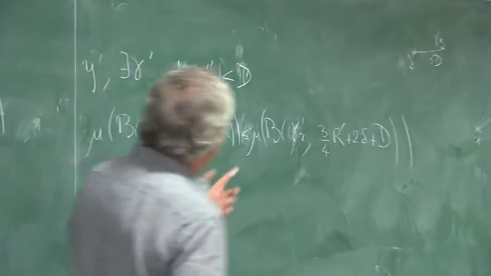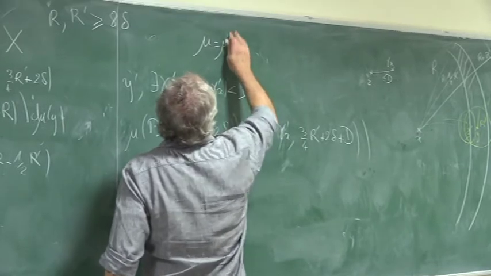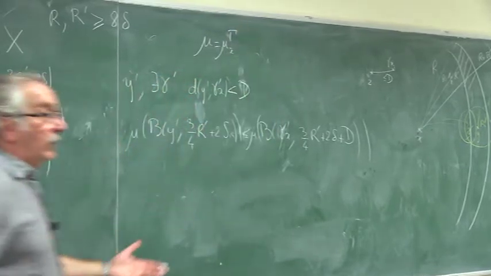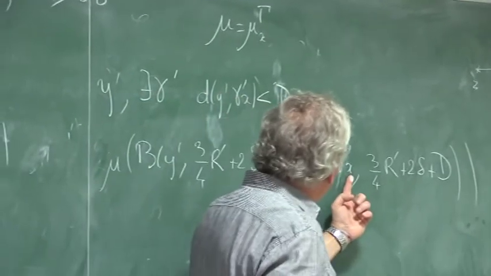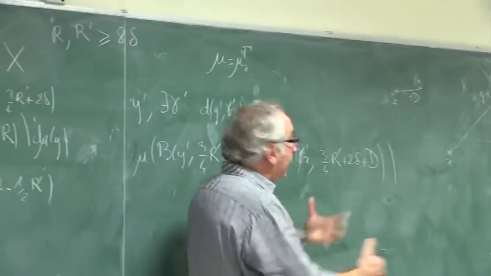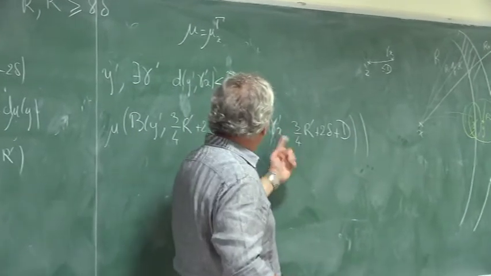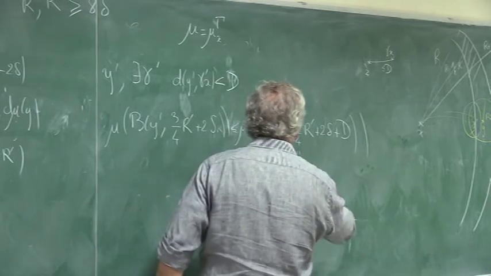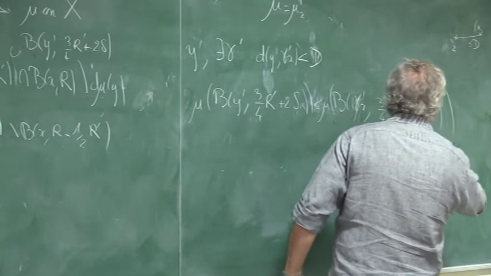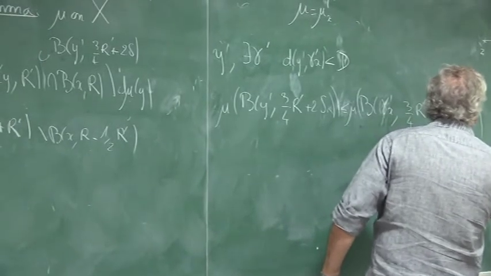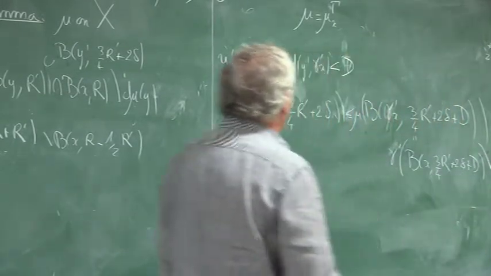Now the measure mu, I recall that mu is mu x gamma, is invariant under the action of the group. And this ball, which is centered at gamma prime x, is a translate of this ball of same radius around x. So this ball here is gamma prime applied to b of x 3/4 of r prime plus 2 delta plus d. So that's how we use the group, right?